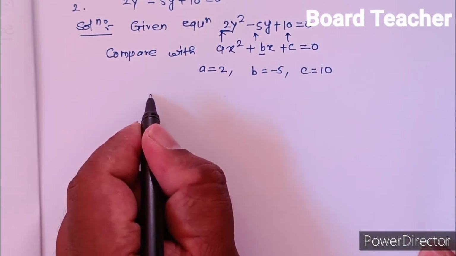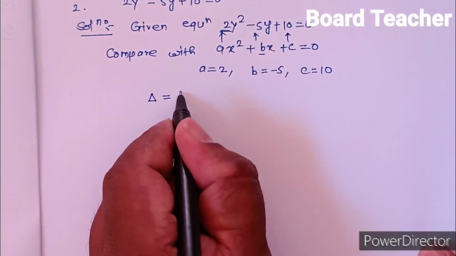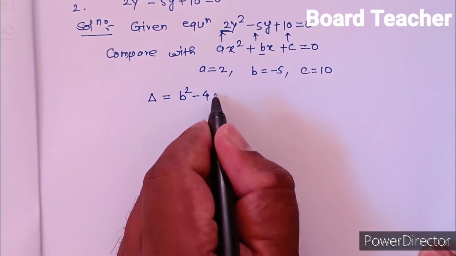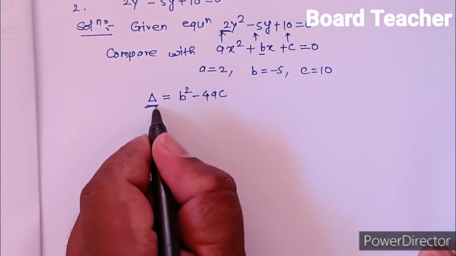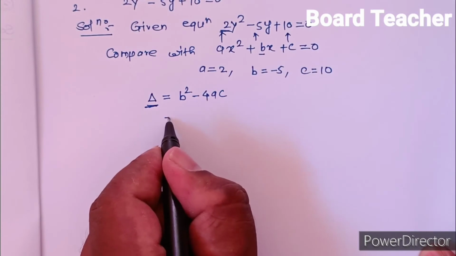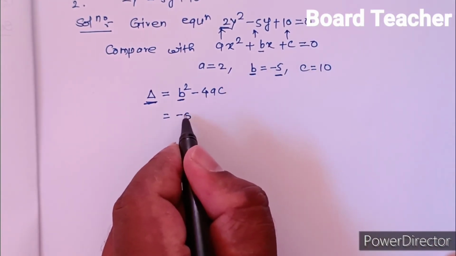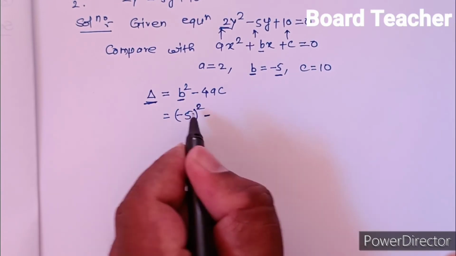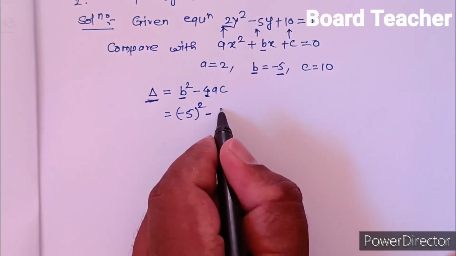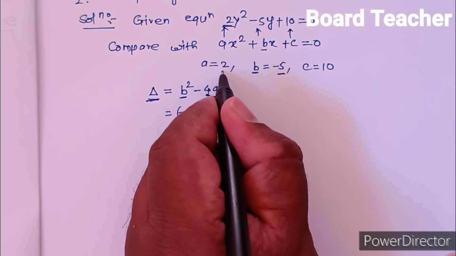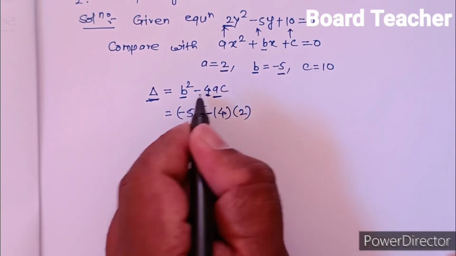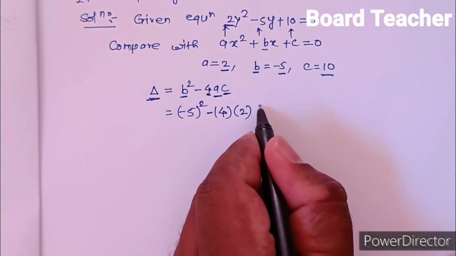The formula for the discriminant is delta equals to b square minus 4ac. We can denote delta as a discriminant. Here equals to the value of b, which is minus 5, whole square, minus 4 as it is. The value of a we get is 2, put here 2, and the value of c we get is 10, put here 10.